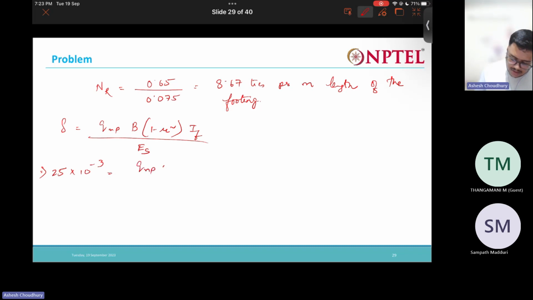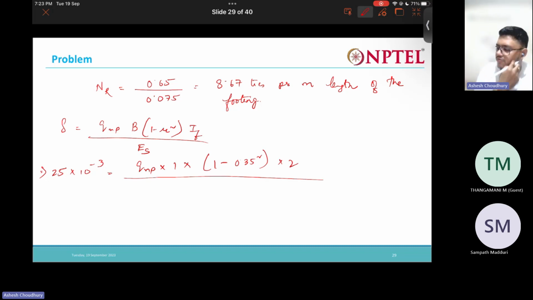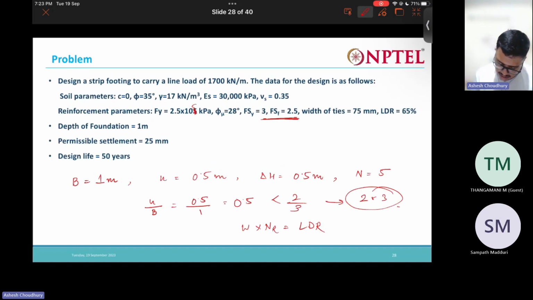Mu is 0.35, the influence factor for a flexible strip footing is 2, and Es is 30,000.